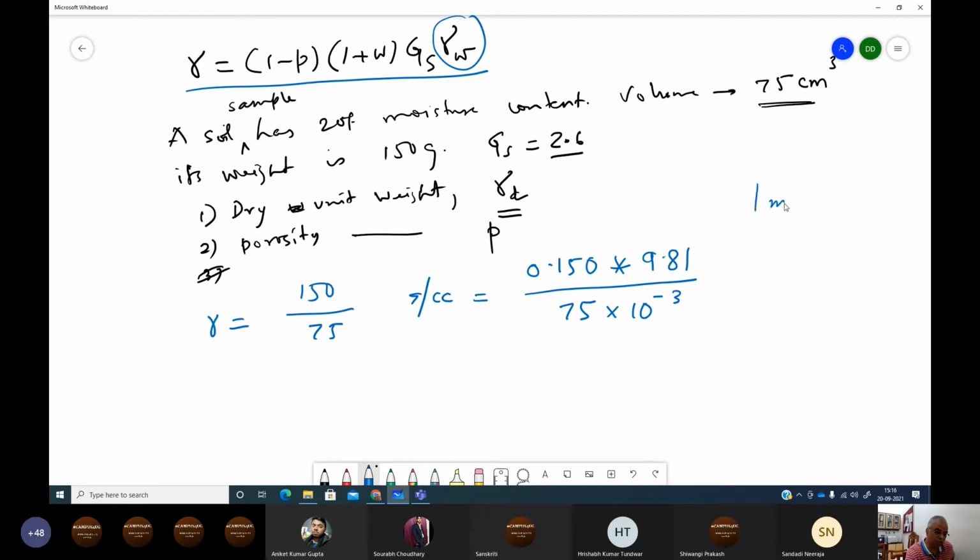So 1 meter cube is how many centimeter cube? I think I have done something wrong. 1 cm cube is 10 to the power minus 6 meter cube.